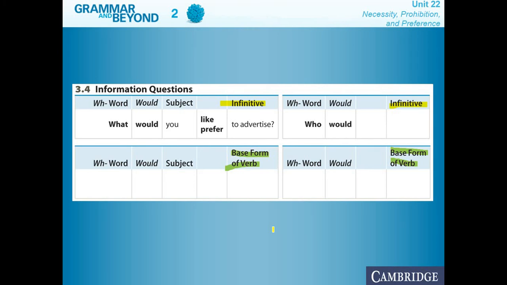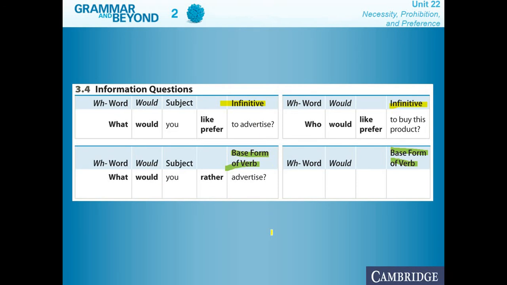With who, remember, we are not going to use a subject over here. We're going to say who would like to buy this product, who would prefer to come with me to the party, for example. Now let's take a look at the ones with rather. What would you rather advertise? Well, what would you rather do? Remember, what would you like to do? What would you rather do?